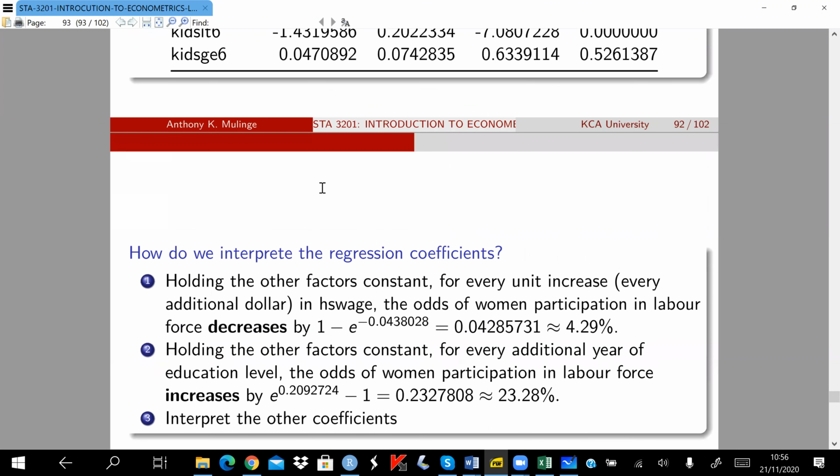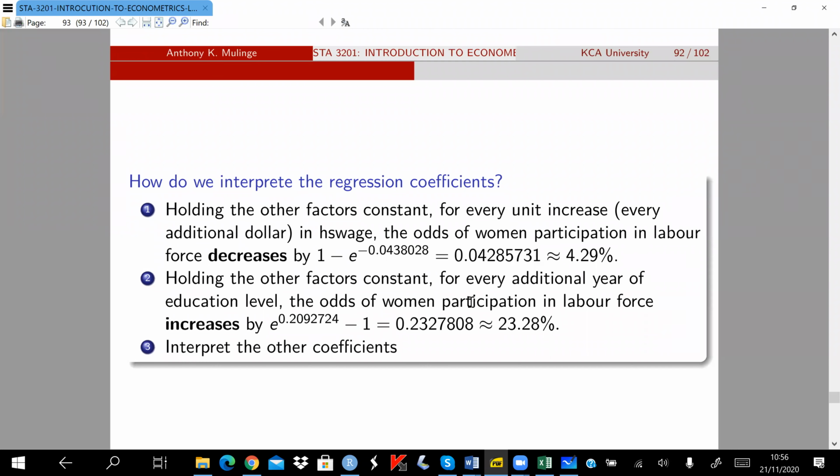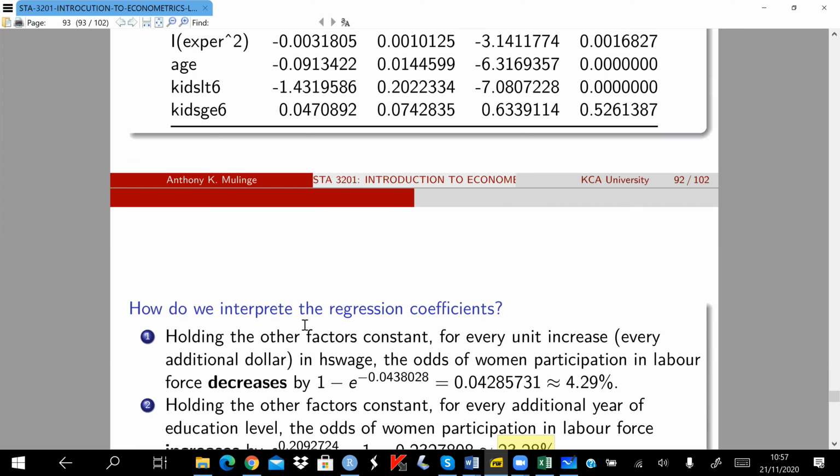So we take the exponent of the coefficient, then you minus 1 so that you can get the percentage increase, which is 0.23, the same as a 23.28% increase. Then I've asked you to interpret the other coefficients.